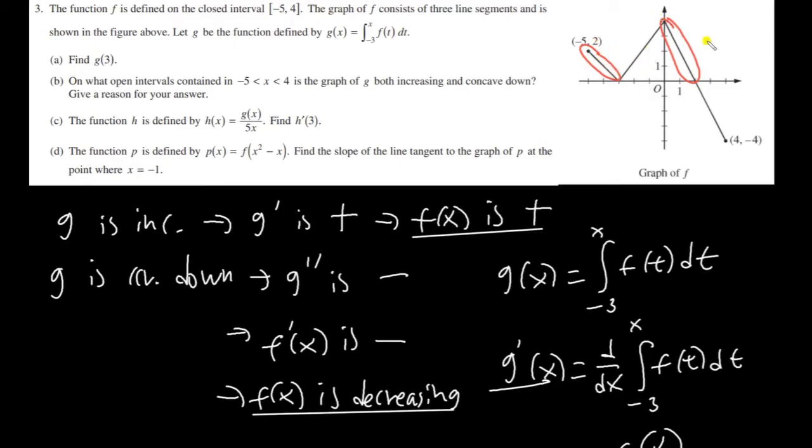So these are the 2 regions where f of x is positive and decreasing. In our answer, we'd say the regions are -5 < x < -3, that's right here, and 0 < x < 2, that's right here. That is where g prime of x is positive and decreasing, because g prime of x is f of x. This was a 2-point question. 1 point for the answer and 1 point for the reason.